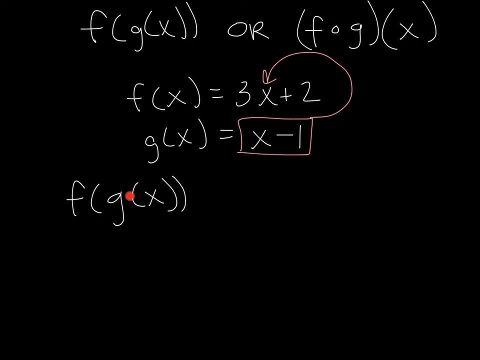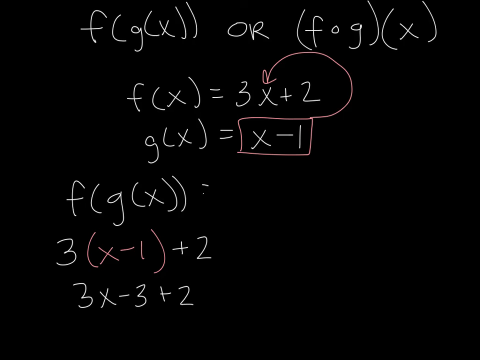You always do the inside part first. So it's going to be 3, but instead of writing x, I'm going to write x minus 1. It's kind of like substituting, and then plus 2. So it's going to be 3x minus 3 plus 2, which is equal to 3x minus 1.